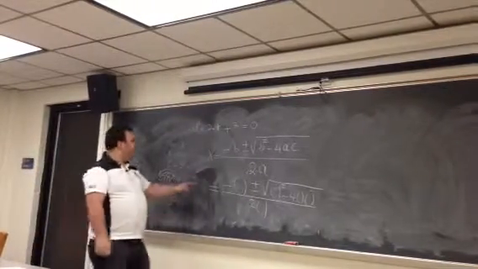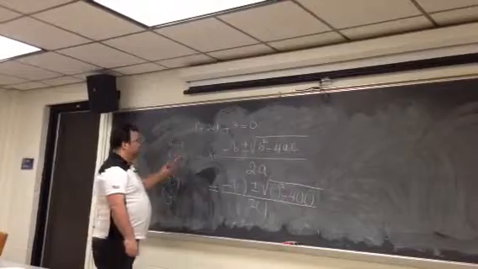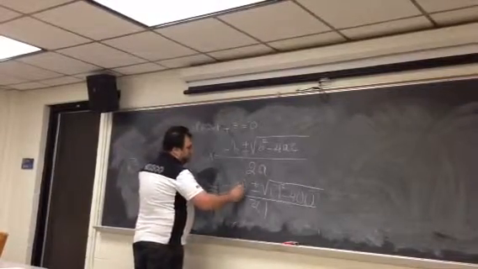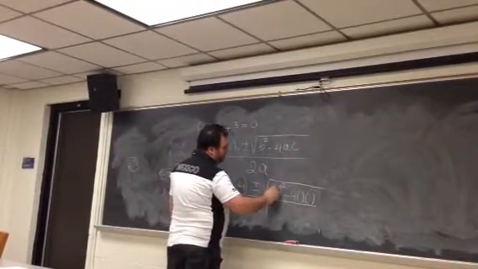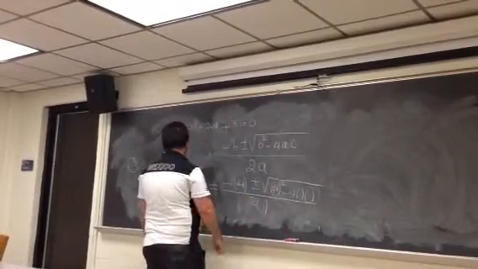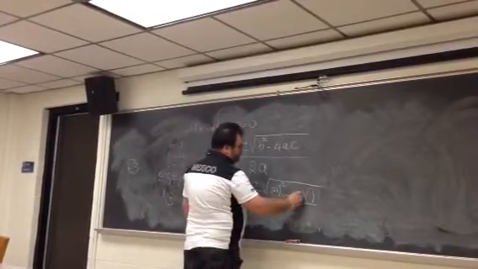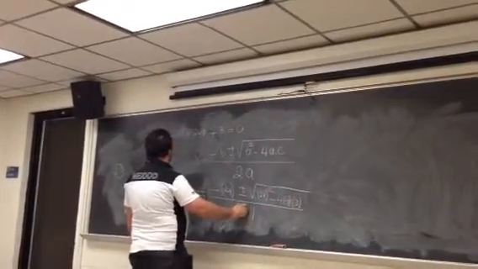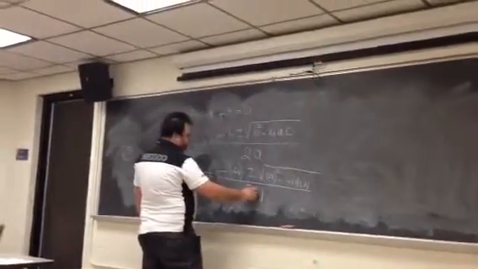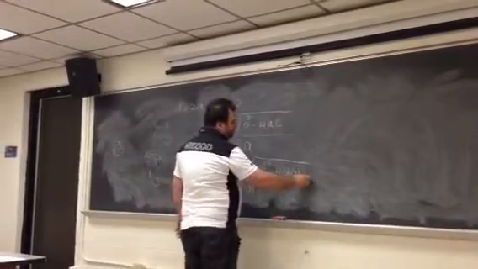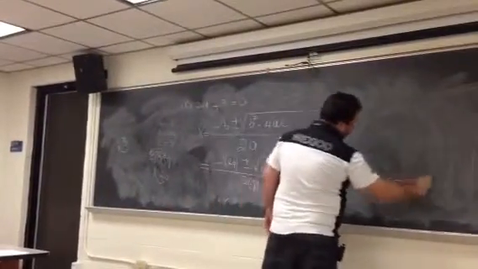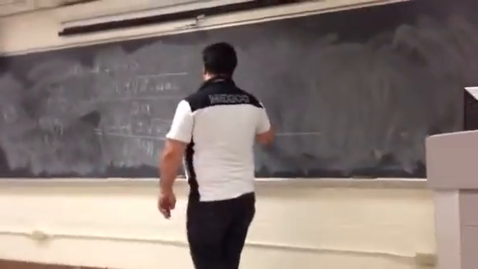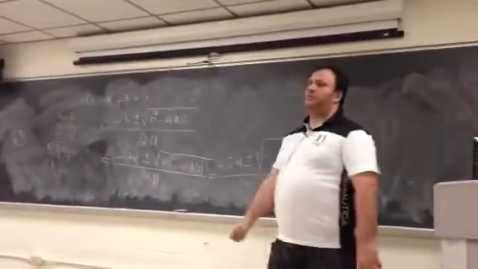What are you going to replace B with? 24. Again, what are you going to replace B with? And what are you going to replace A with? And C with? And then again A with what? Negative 8. So let's go. This is negative 24 plus minus square root. What is 24 squared?